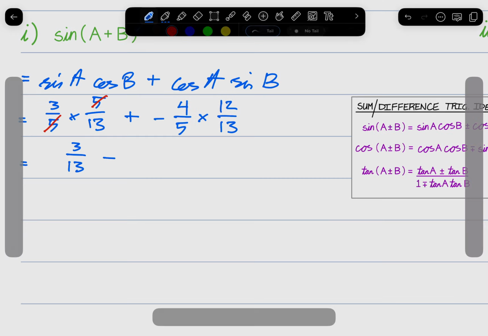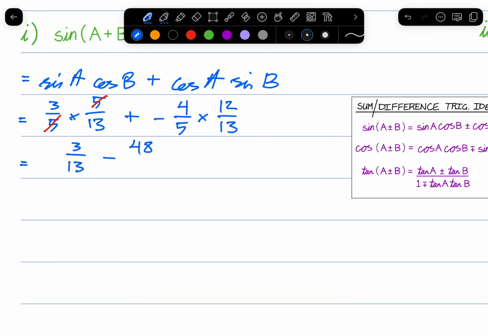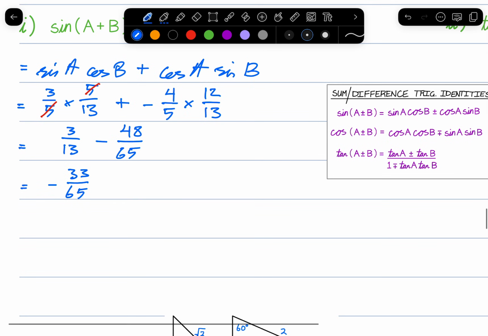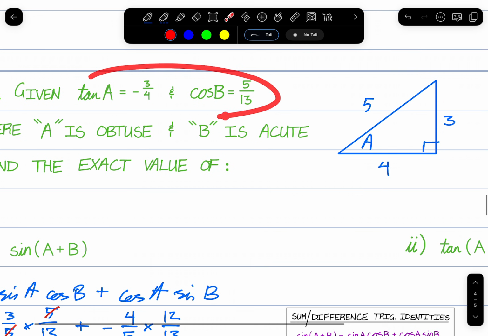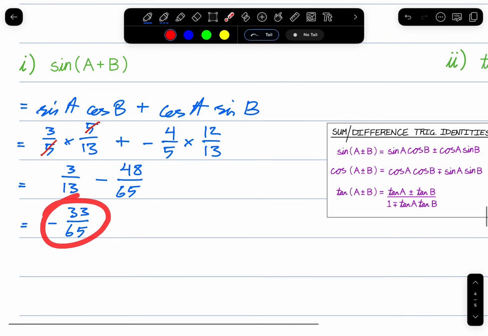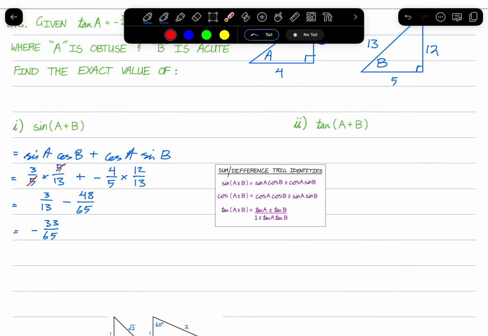It's going to be 48 on 65. And straight into my calculator, 3 on 13 minus 48 on 65. I get negative 33 on 65. So sine of A plus B in this scenario is negative 33 on 65 in exact form.